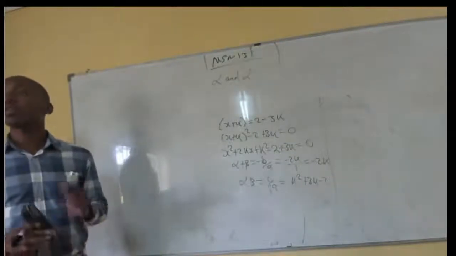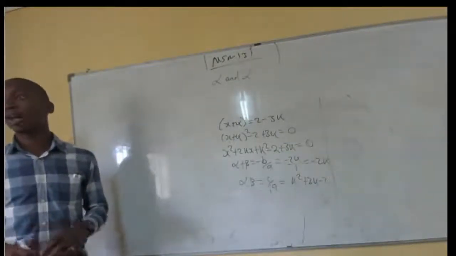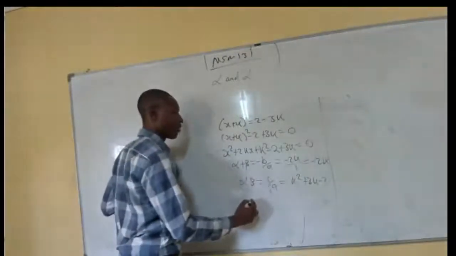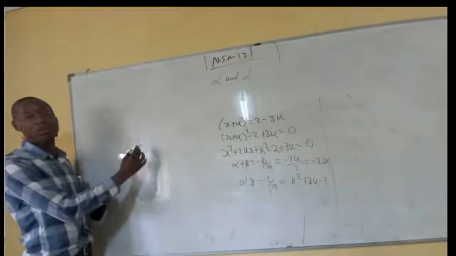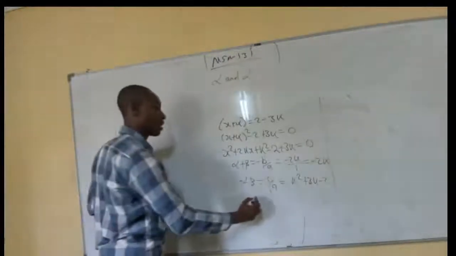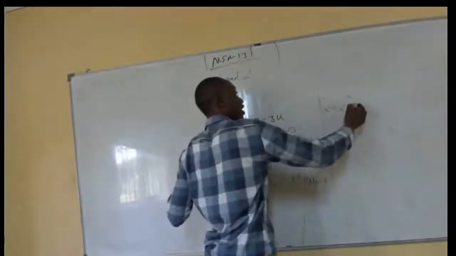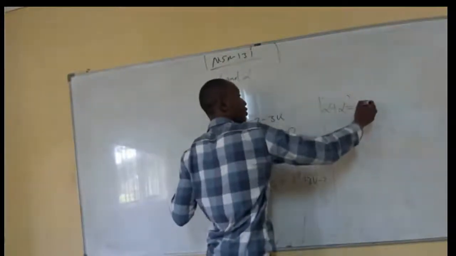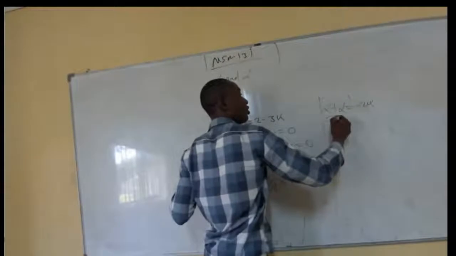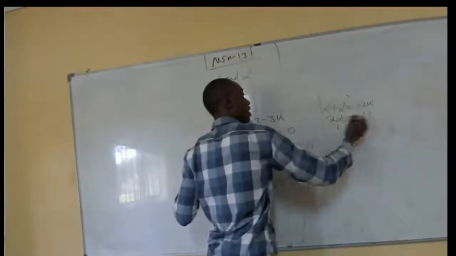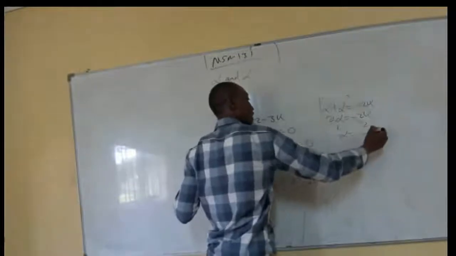So if the first root is alpha, the next root will also be alpha. So the sum of the roots is alpha plus alpha, which is equal to negative 2k. So 2 alpha is equal to negative 2k. Making alpha the subject, alpha is equal to negative k.